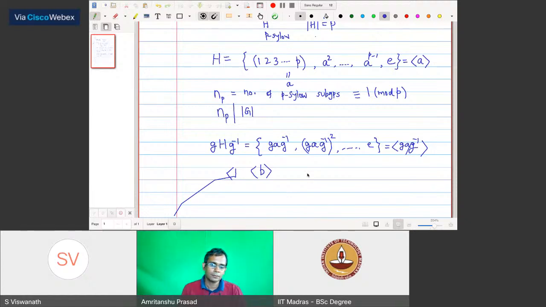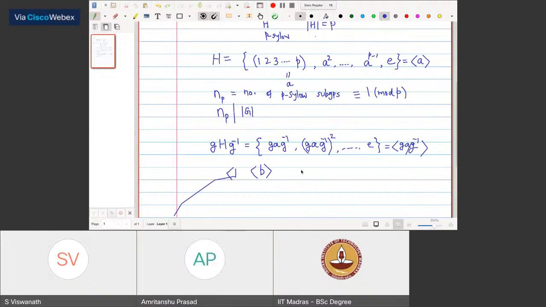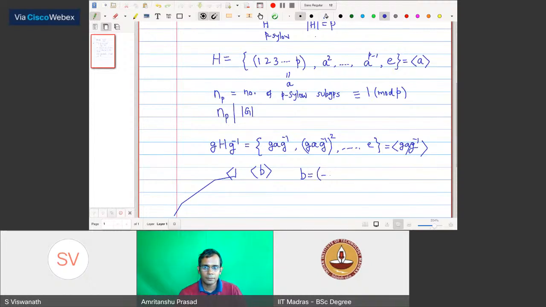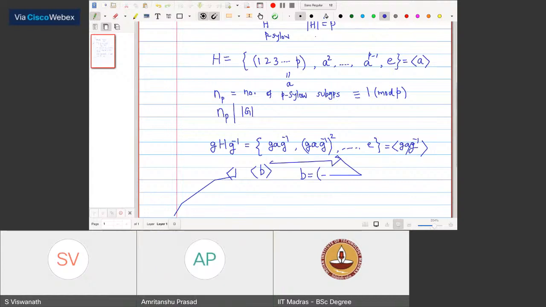They're just some p-cycle, where you put together these p numbers. So what are the various possibilities for B? B is just some p-cycle, so you can look at some p numbers arranged in sequence. What I mean here is that B is a p-cycle.